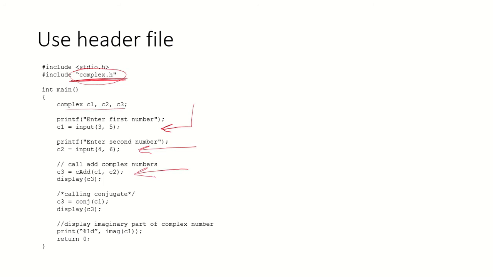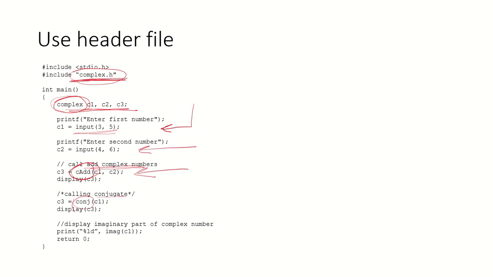So if there are three variables of this type, complex, C1, C2, C3, which are now user-defined data types, he should be able to input them and create a complex number. He should be able to add complex numbers by simply giving this command, cadd. He should be able to find the conjugate by simply giving this command, though he is not even aware of what is going on in the backend. So this is the abstraction that we are talking about. This is the abstract data type.